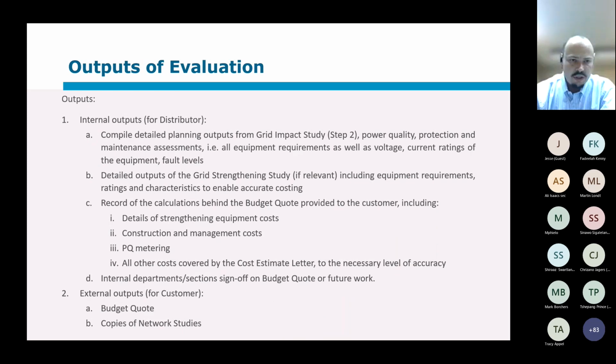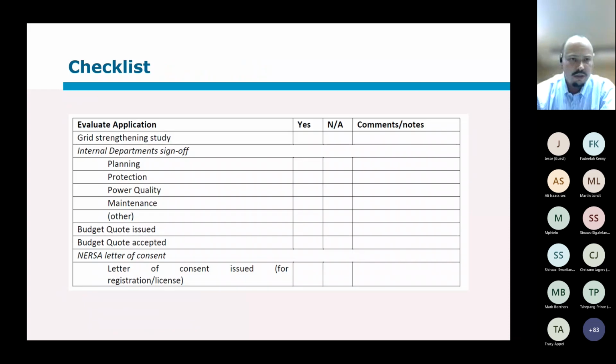Okay, that's just the list of outputs. I think we've discussed all of it, and that's in the document. And once again, there is a checklist. Has a grid strengthening study been done? Of course, if it's not necessary because the customer could connect in the first place, that's not applicable. Just say why.